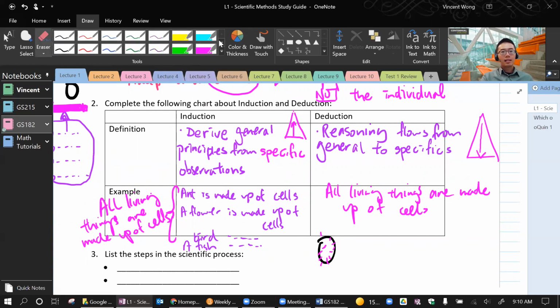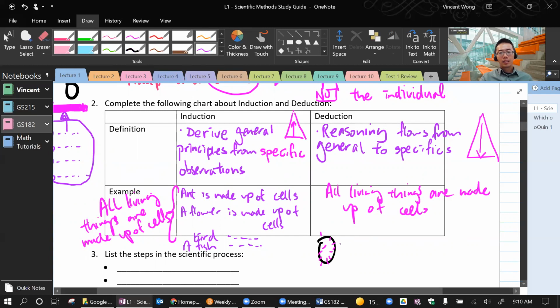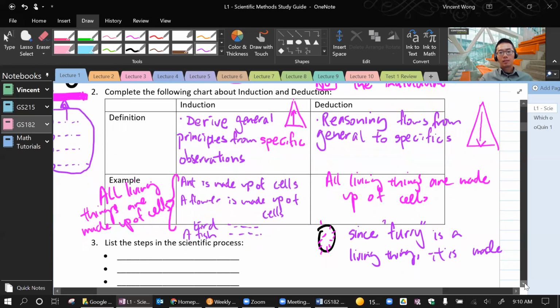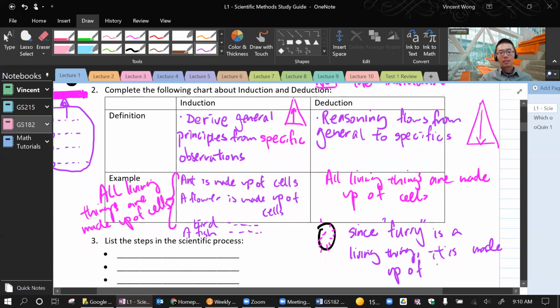So now I'm going to say this furry thing, we'll just call it Furry. Furry is a living thing. It is made up of cells.